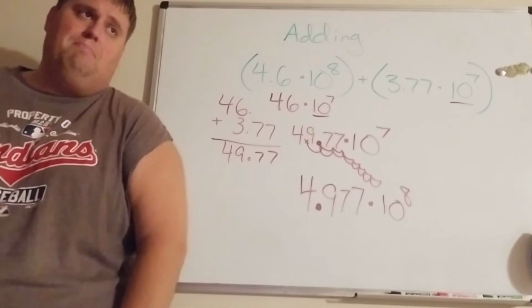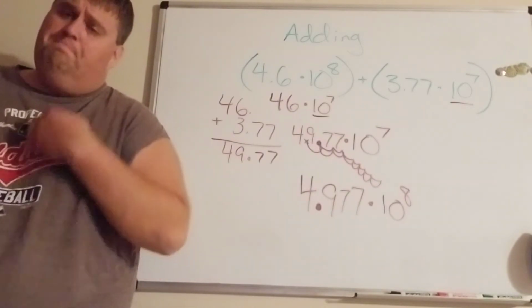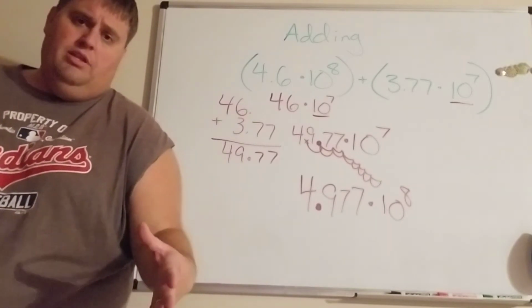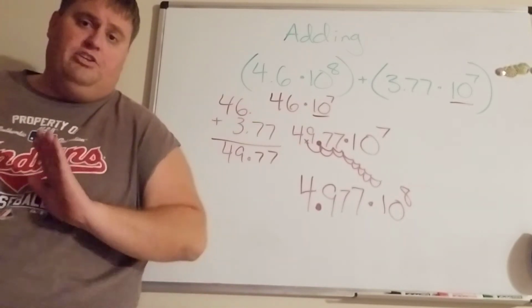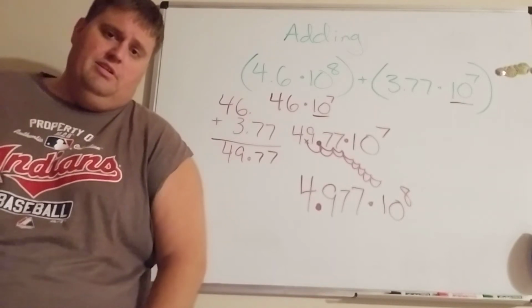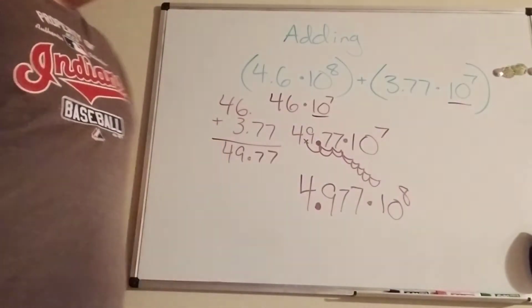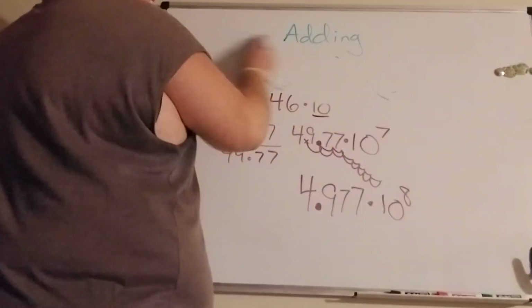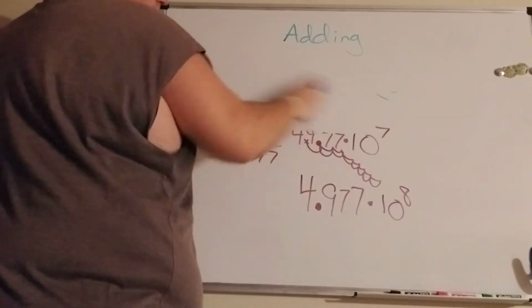There's a lot of things in math where there's lots of ways to get there. I always advocate for find the one that you can do, find the one that works well, and just go with that one forever. Okay? So for addition, you have the choice. Write them out, add them up, or change the exponents.